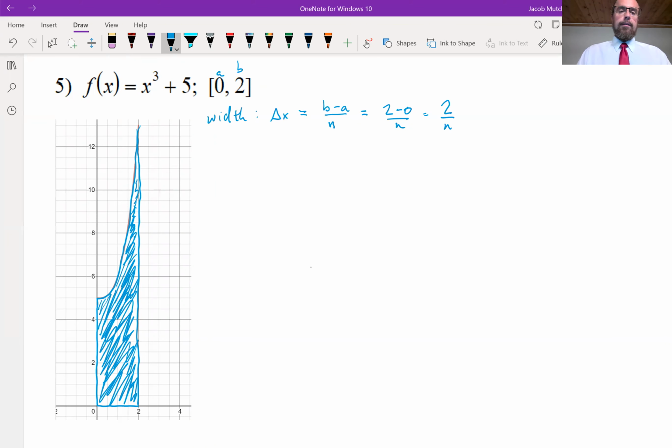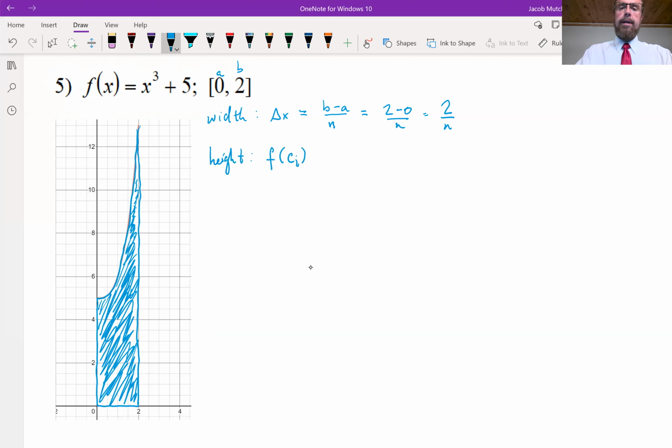Well, that's the width. What we also need to describe is the height of each rectangle. That's determined by the function value, because we're calculating the area from the x-axis up to the function. So the height of each rectangle is going to be governed by the function. I'm going to call it f at c sub i.